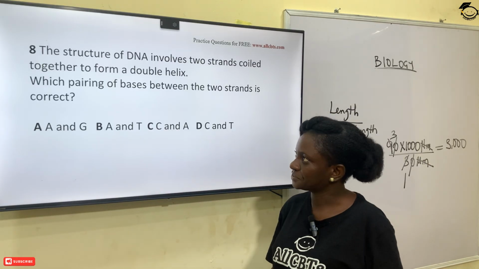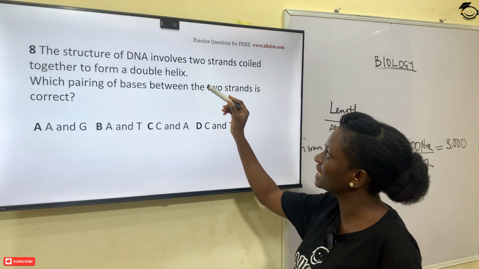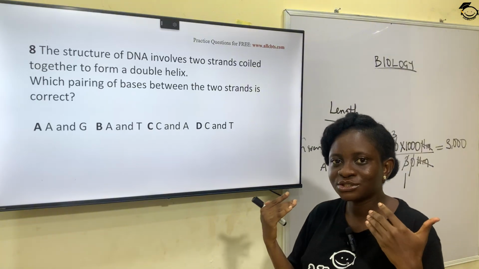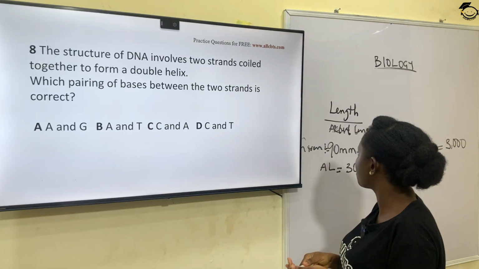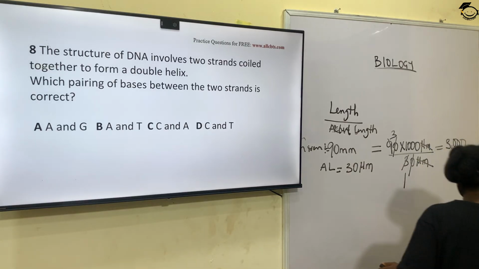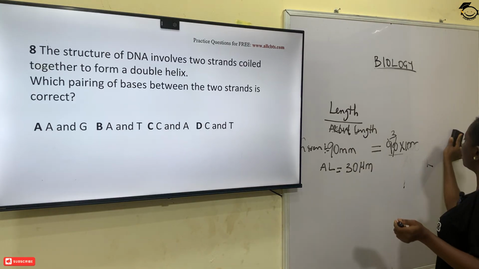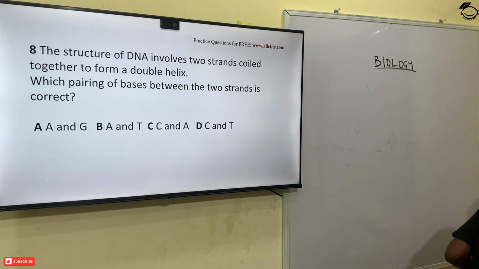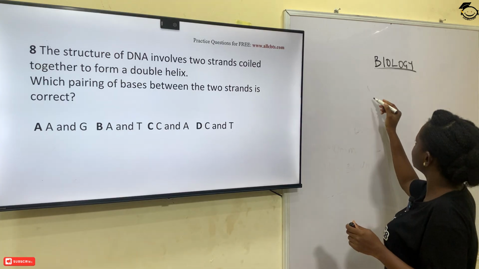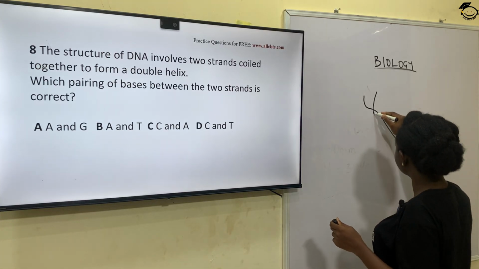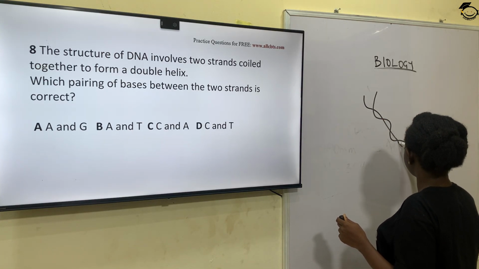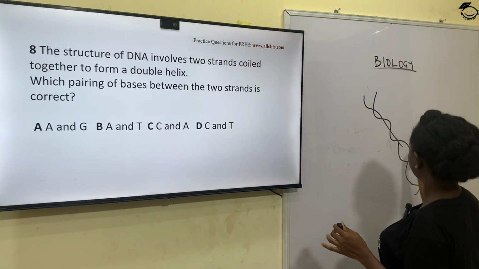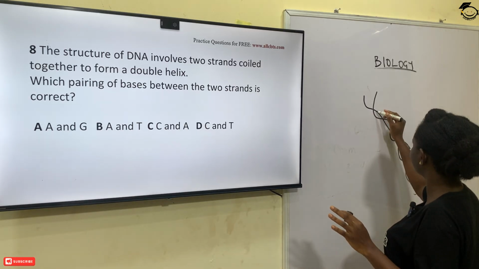The next question. The structure of DNA involves two strands coiled together. So they are trying to remind us of the structure of DNA, deoxyribonucleic acid, which consists of two strands that are coiled together like this, something like this.